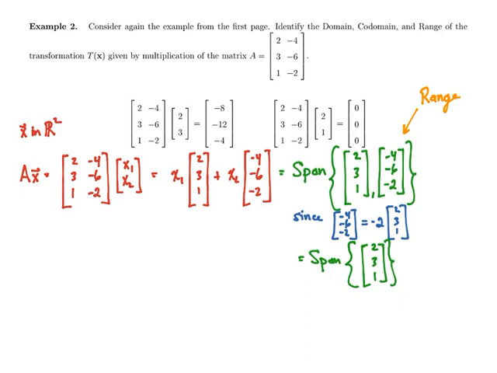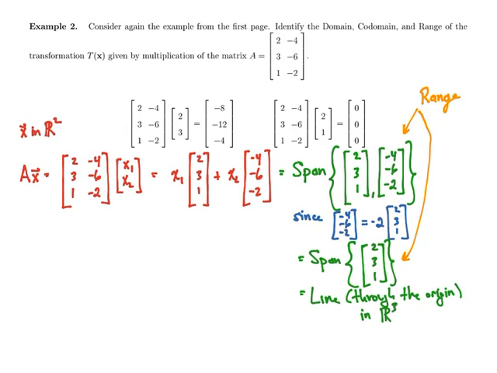So really our range, it's the same thing, just writing it in a simpler way, is the span of that one vector. And this is geometrically a line through the origin in R3.